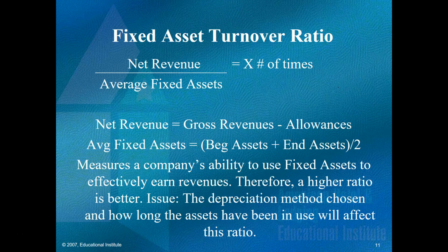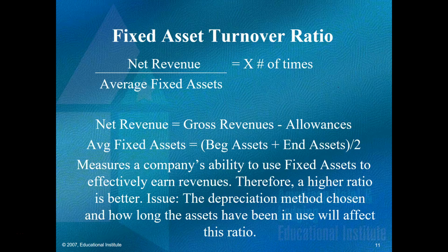So when we invest in some kind of asset like a new stove or a new building or new land for a new location, we should see an increase in revenue. That means that those assets that we just purchased are actually producing more revenues, which is what we want.